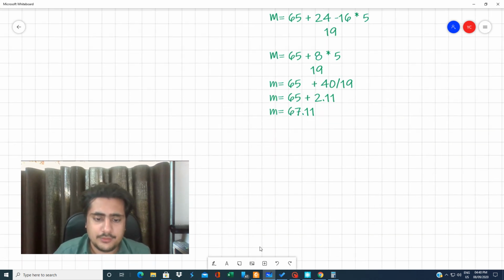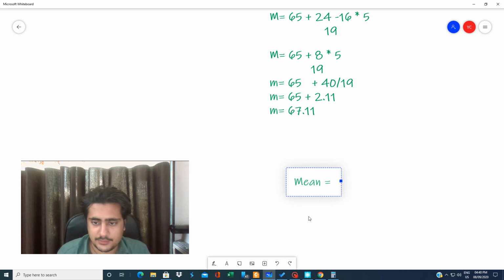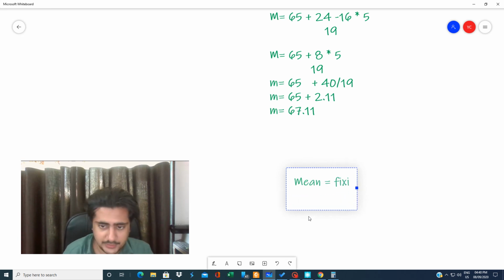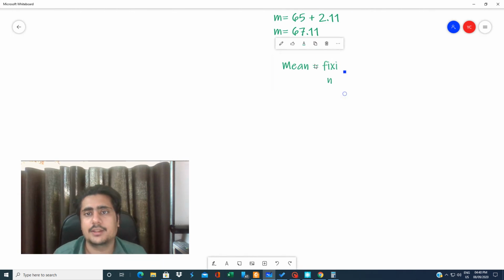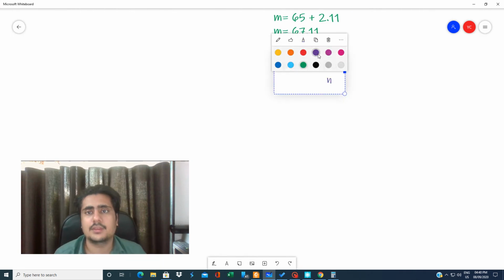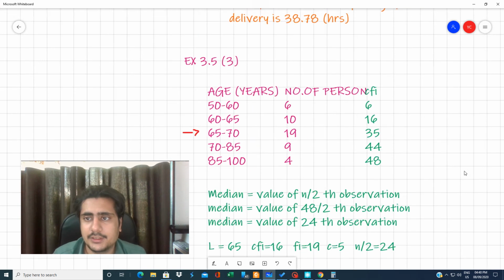So this was the formula for this. Now I will find the mean. My mean is the sum of fi xi upon n. Now I need to find fi xi.